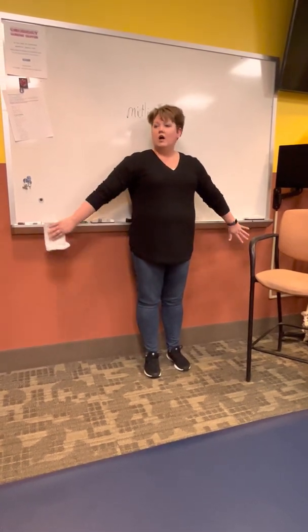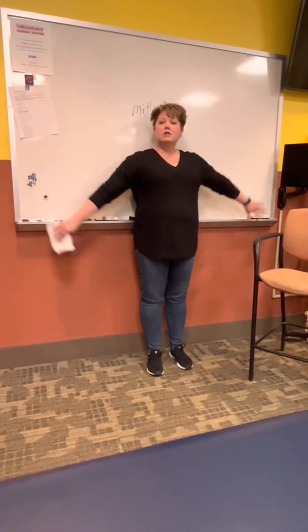Again, ab and adduction. I could invert and evert my ankle, okay? All of these, I would stay next to the glass, but I wouldn't break through it. So those are all frontal plane motions: abduction, adduction, radial and ulnar deviation, inversion and eversion, okay?